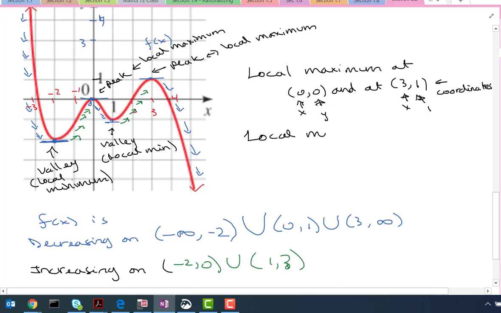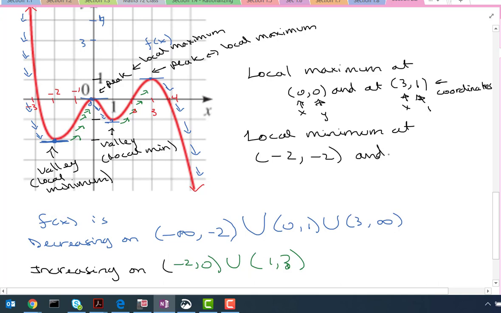So this has a local minimum at, and there are two. So at -2, and following our scale of 1 square is a single unit, so that will be -1, -2. So at -2, -2. So that means that we have a local minimum when x is -2, and the local minimum is -2 as well.